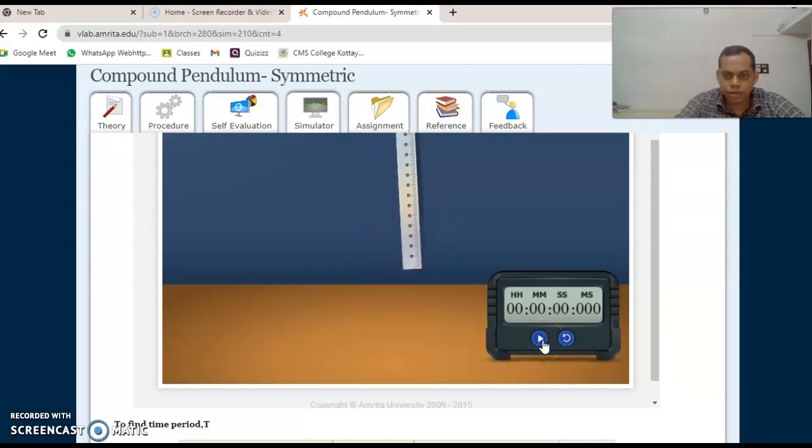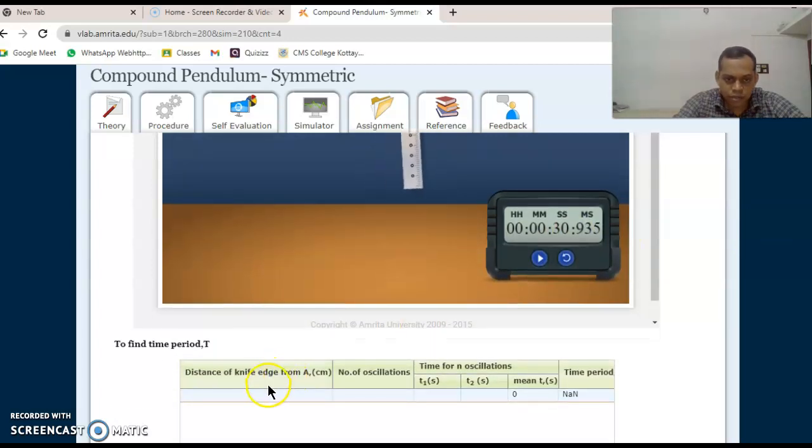Okay, now let's start the stopwatch. 1, 2, 3, up to 20. Yes, you can see it is 30.9.